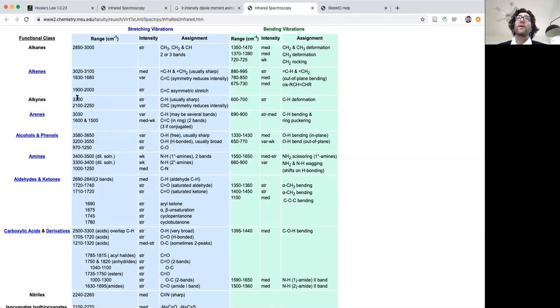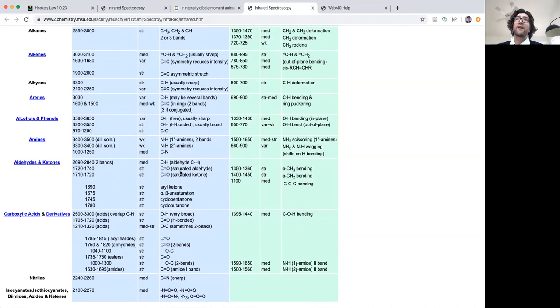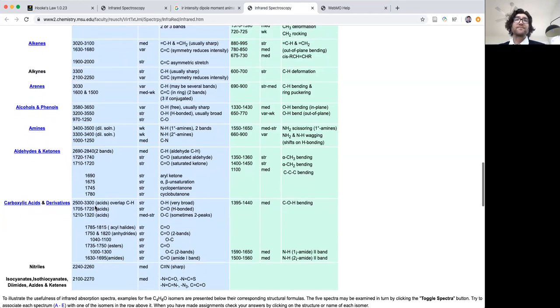As we said before, that could be around 3300 for the stretch. Similarly, CO double bonds like aldehydes and ketones, for instance, a saturated ketone where there are no double bonds, could have stretches between 1710 and 1720. If you have, for instance, a ketone in a ring, the cyclobutane, it goes out to 1780.